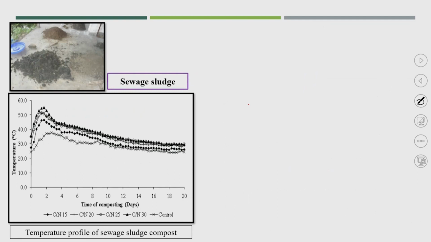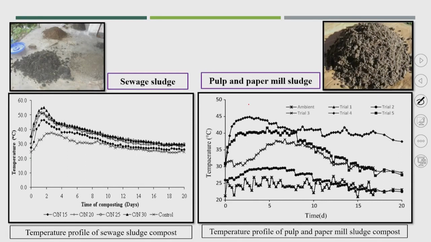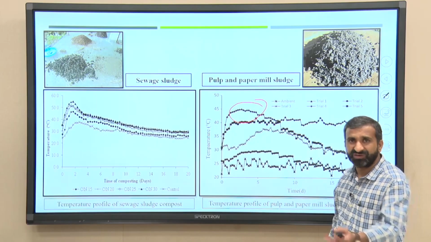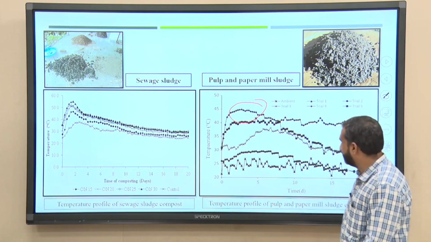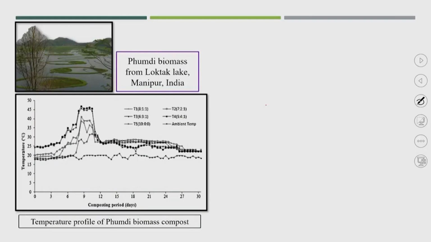This is the sewage sludge, where the temperature can reach up to 55 degree centigrade. For pulp and paper mill waste, I think the temperature has not reached that level, but we are still able to produce a quality product from this rotary drum facility. This is Phumdi, another kind of weed normally found in Manipur, in the northeastern part of India, in Loktak Lake.